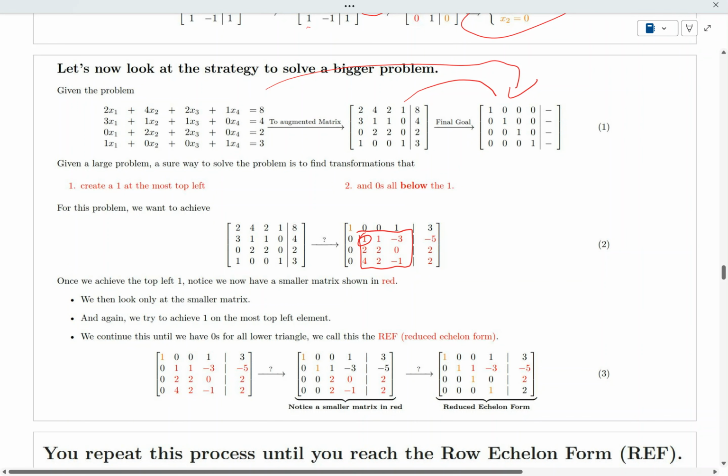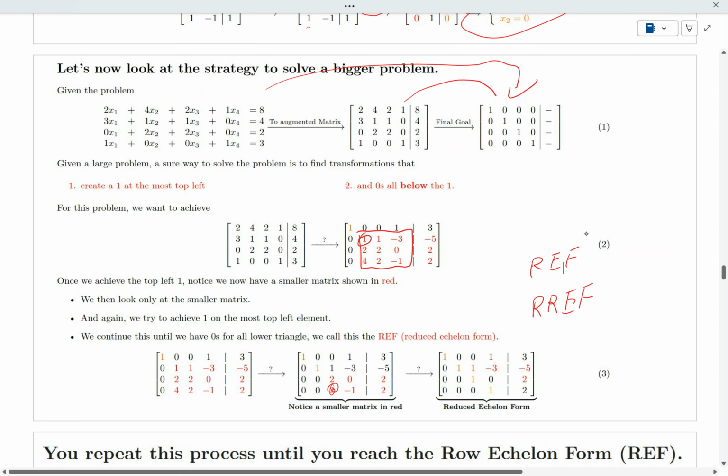And then finally, we have zeros here, and we want to set the very last top left of the box to be 1. This basically will give us something very close to the reduced row echelon form. If you can achieve the bottom triangle, this is called row echelon form, REF.